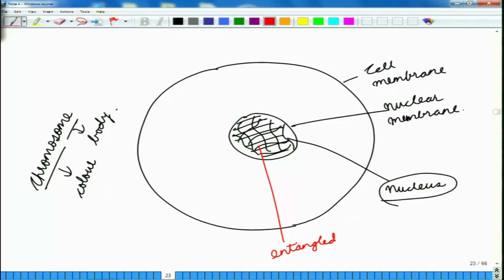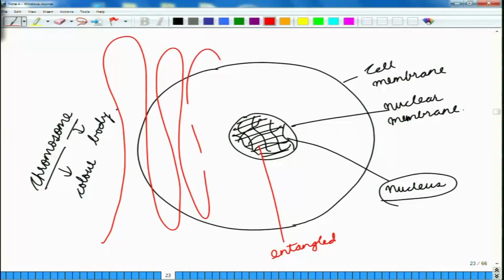If you take any of this thread outside, it would be an extremely long thread, and when this thread is condensed, it forms a small completely condensed body which we call a chromosome.